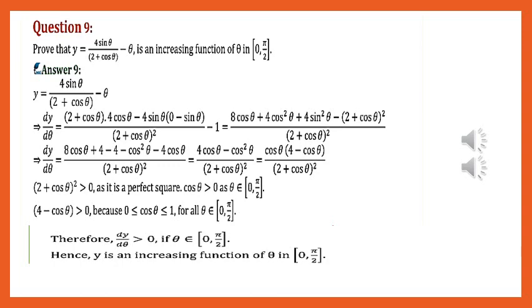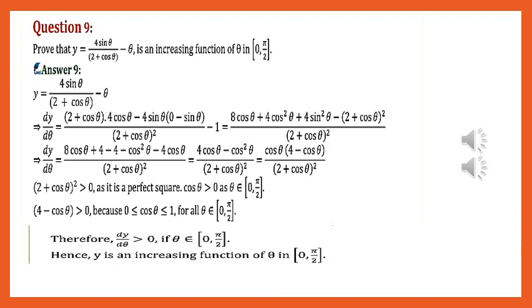Now take an LCM. So it is equal to 8 cos theta plus 4 cos square theta plus 4 sin square theta minus of 2 plus cos theta the whole square, divided by 2 plus cos theta the whole square.